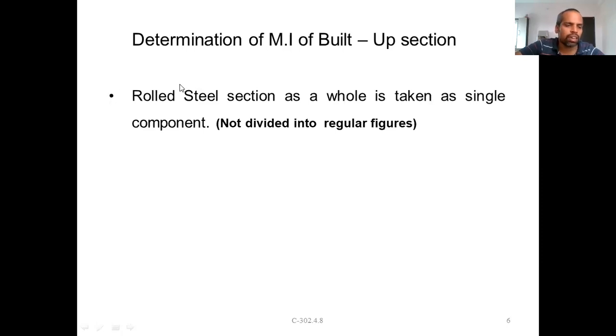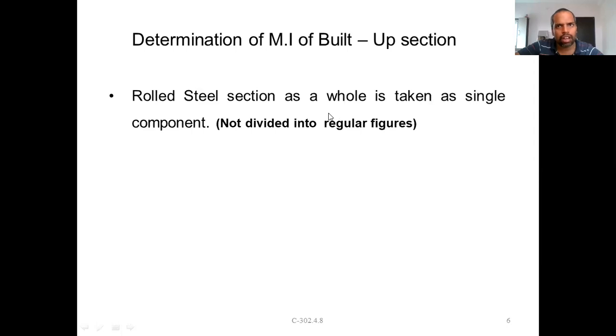Of course, in your problems, especially from the engineering mechanics subject point of view, whatever properties are required will be given in the question itself. You are not allowed to carry the steel tables, so they are not required at this stage. The moment of inertia of the single rolled steel section is provided to you directly in the problem.